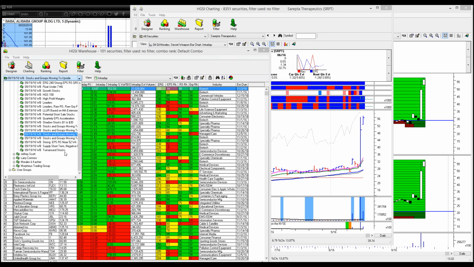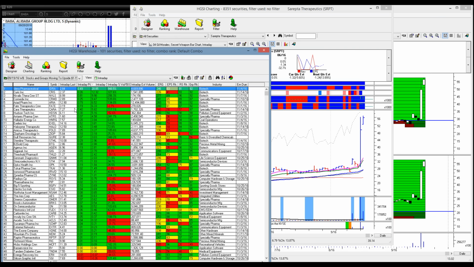Now there's one that is stocks and groups moving to the upside, and just below it there's another one which is stocks in the $1 to $15 range. The reason for that was when I put these together originally, I was missing all these low-price stocks that were rotating in. For example, earlier this year, the mining stocks and oil stocks wouldn't have shown up immediately like they do in this.